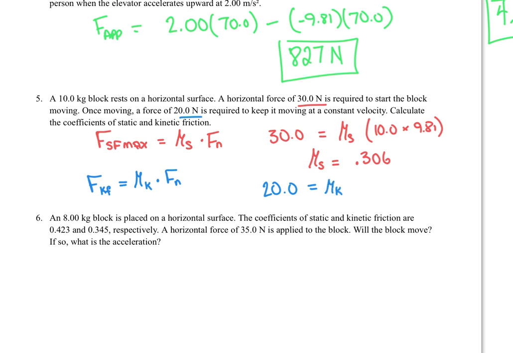We're solving for this unknown coefficient, but we're going to multiply by that same force that was acting on it to begin with, which means we're going to take 20 and divide by the 98.1. And you should get that your kinetic coefficient then is 0.204.